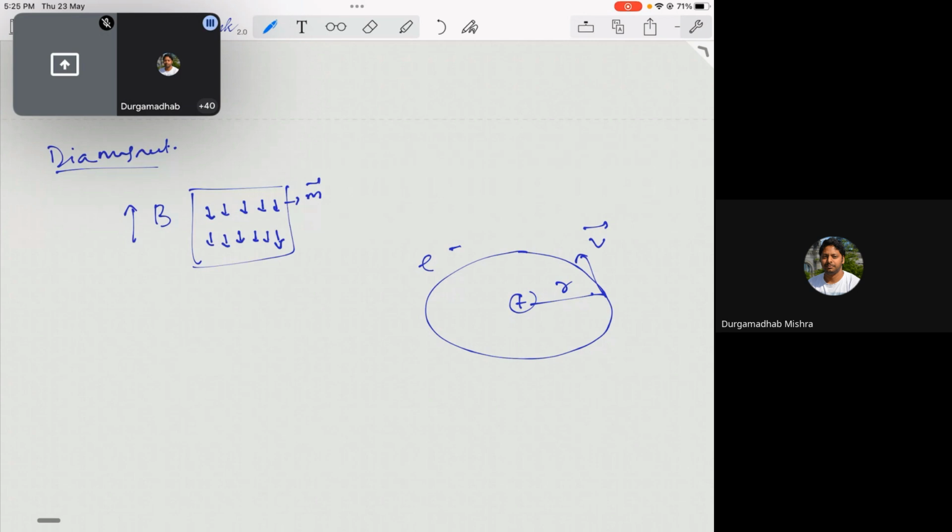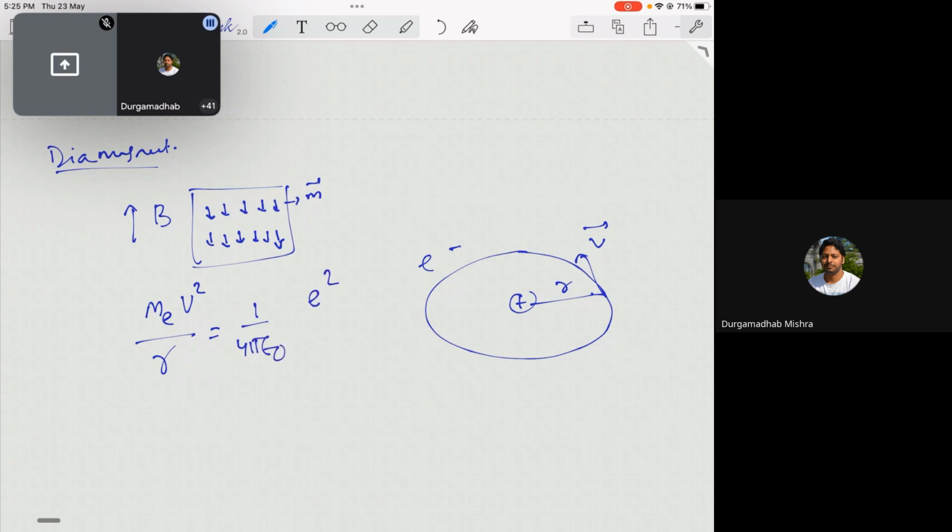Now, when you look at the forces here, from a classical picture, one is the centripetal force, and the other is the Coulomb force, the attraction between the nucleus and the electron, which is the electrostatic force.